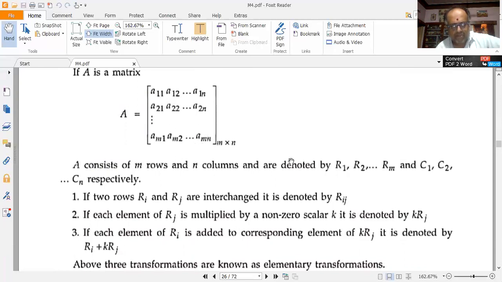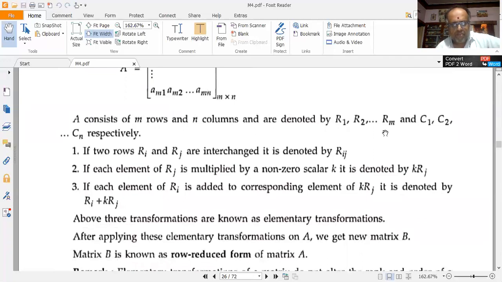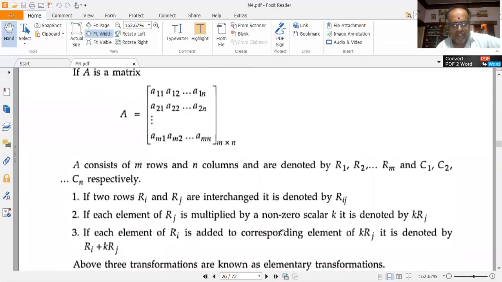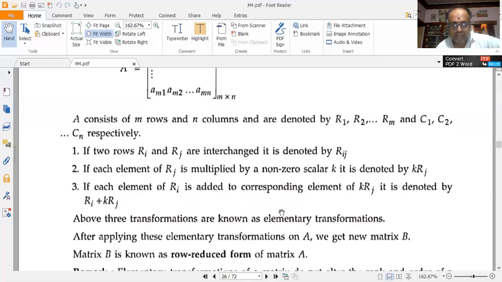If two rows Ri and Rj are interchanged, it is denoted as Rij. If each element of Rj is multiplied by a non-zero scalar k, then it is denoted as k Rj, where k is not equal to 0. That's the meaning of this non-zero scalar. It is a constant.